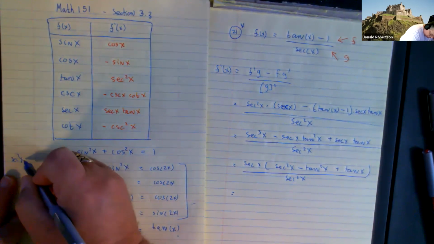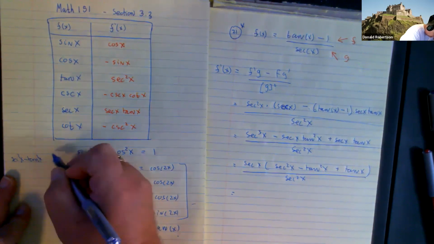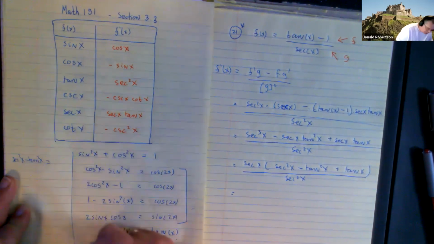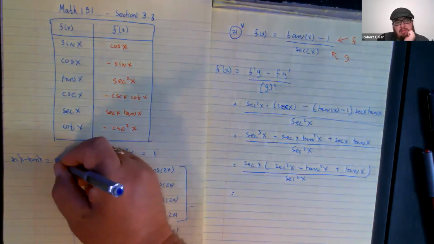Secant squared X, take away tan squared X is equal to something. Any takers? Last chance, anybody? Cosecant? No. No, 1.